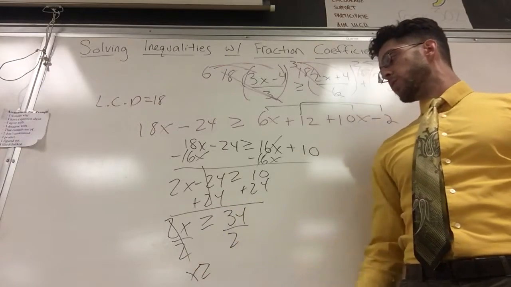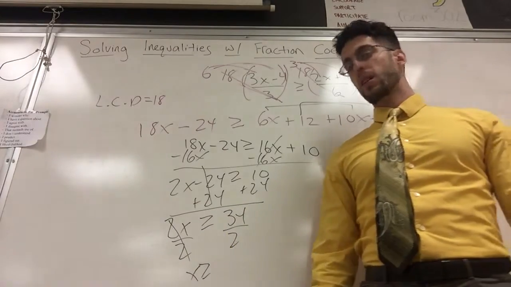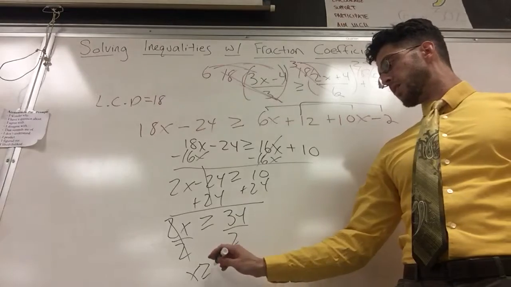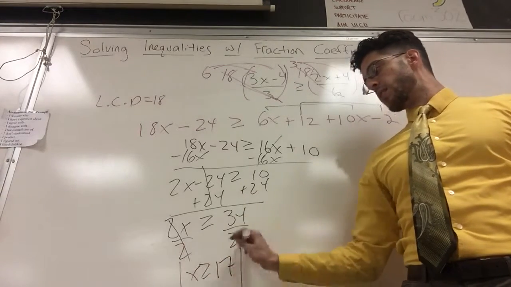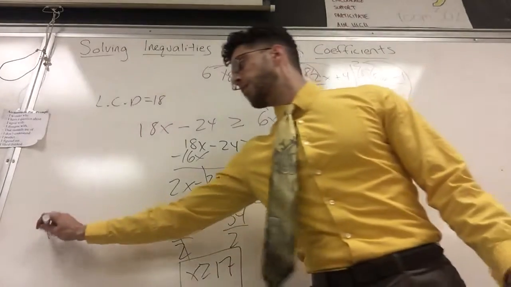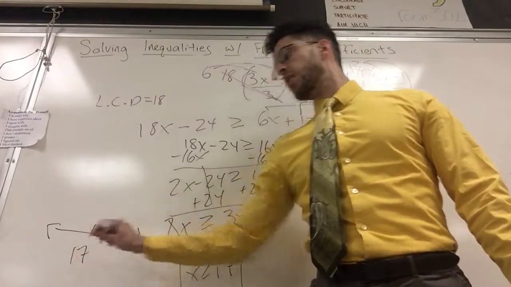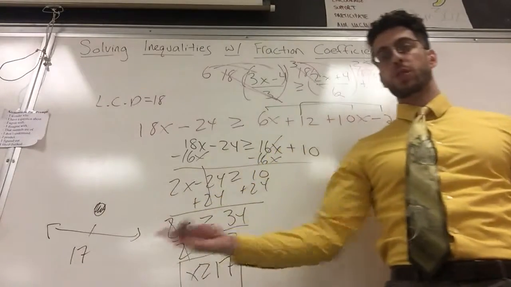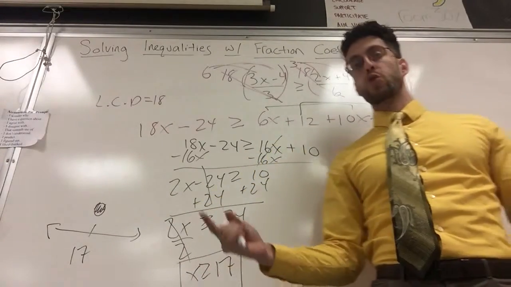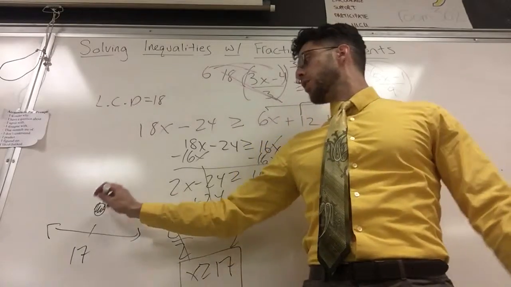X is greater than or equal to, quick, get a calculator. I don't know. Let's see. 17, right? The end. And of course, you should probably know how to graph it. So you find 17 on a number line, put a circle above it, shade in the circle, of course, and which way does your arrow go? It is greater, so it goes to the right.